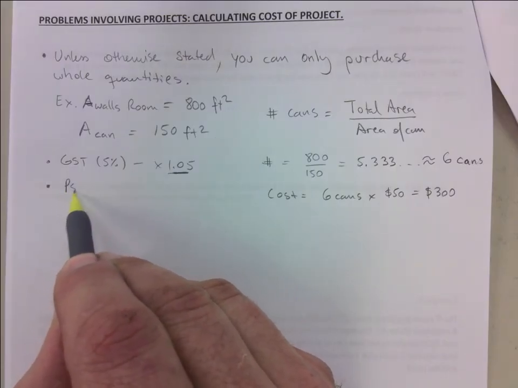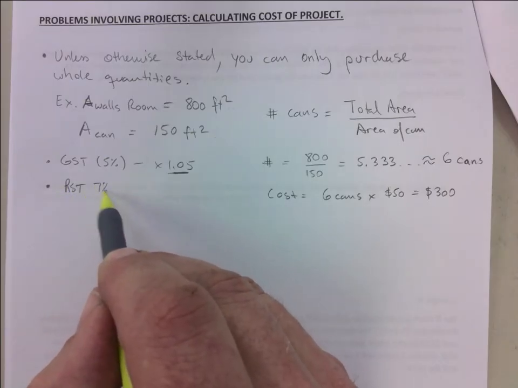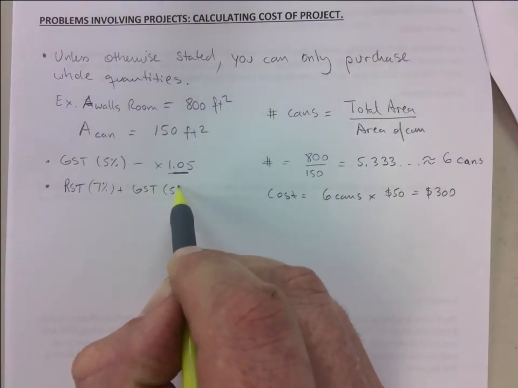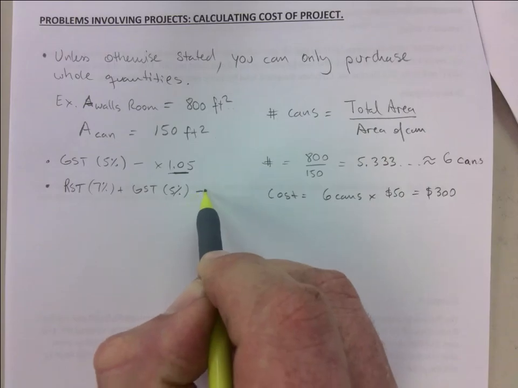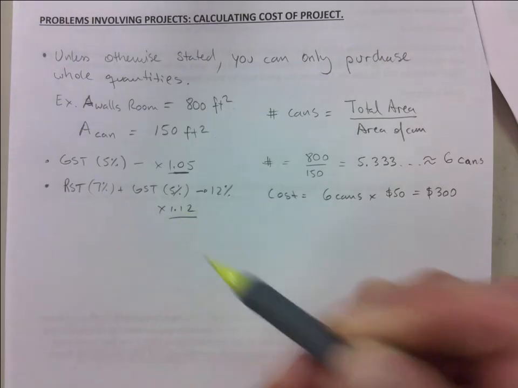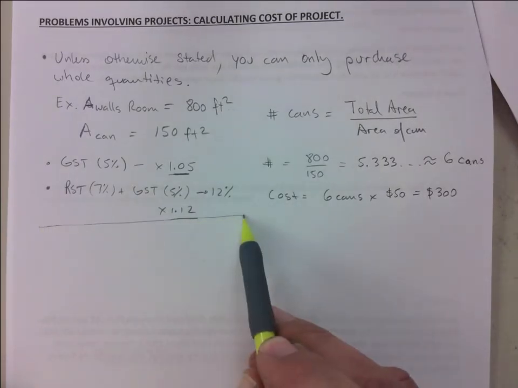If you want to do PST, actually it's called RST now. That's 12%. So you would multiply your work by 1.12. I'm going to box this in. This is kind of like an aside.